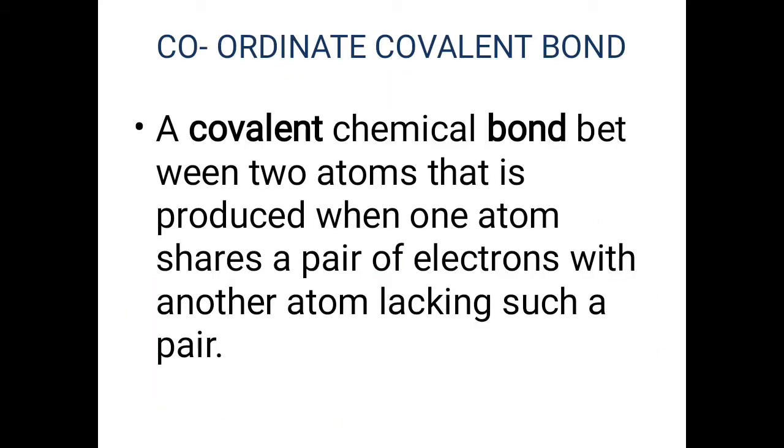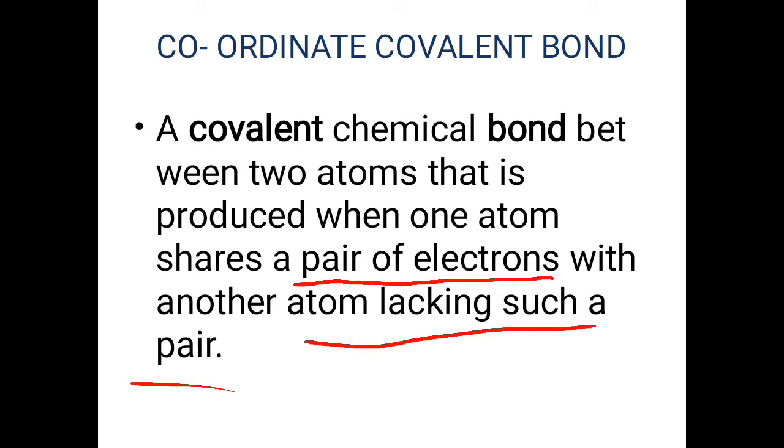A covalent chemical bond between two atoms is formed when one bonding atom shares both of the electrons, meaning a pair of electrons coming from a single atom, and this bond is formed with another atom which is lacking such a pair.